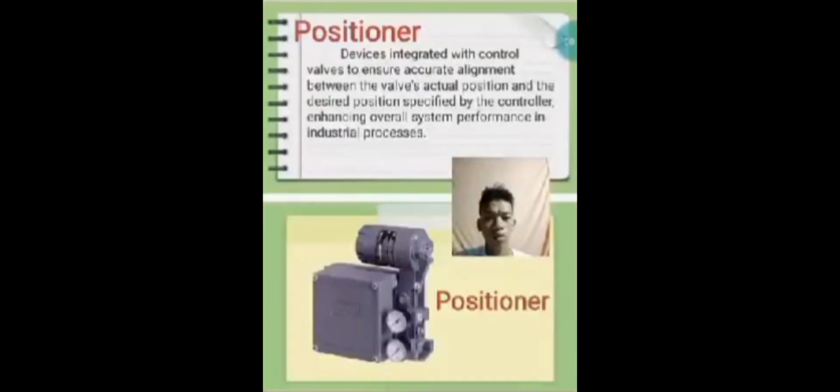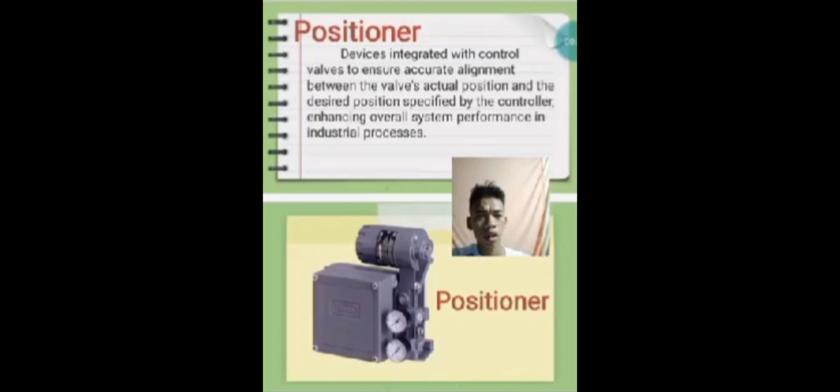Positioner: a device integrated with control valves to ensure accurate alignment between the valve's actual position and the desired position specified by the controller, enhancing overall system performance in the industrial process. Example of a positioner. Positioners like the ones you see here are devices that allow us to accurately throttle the control valve.